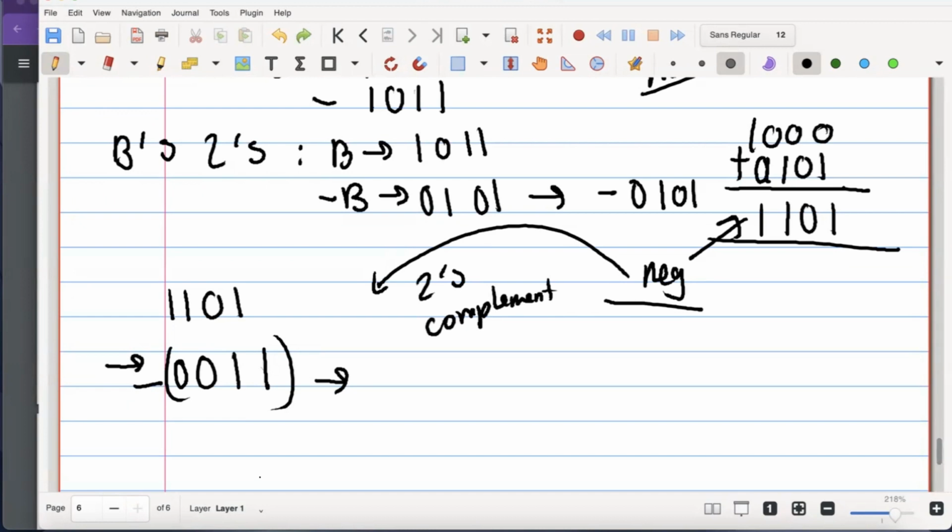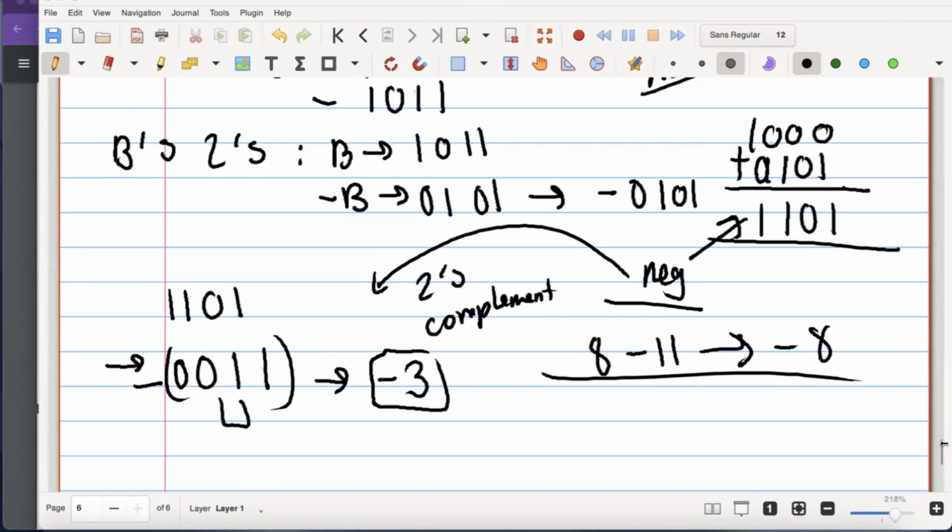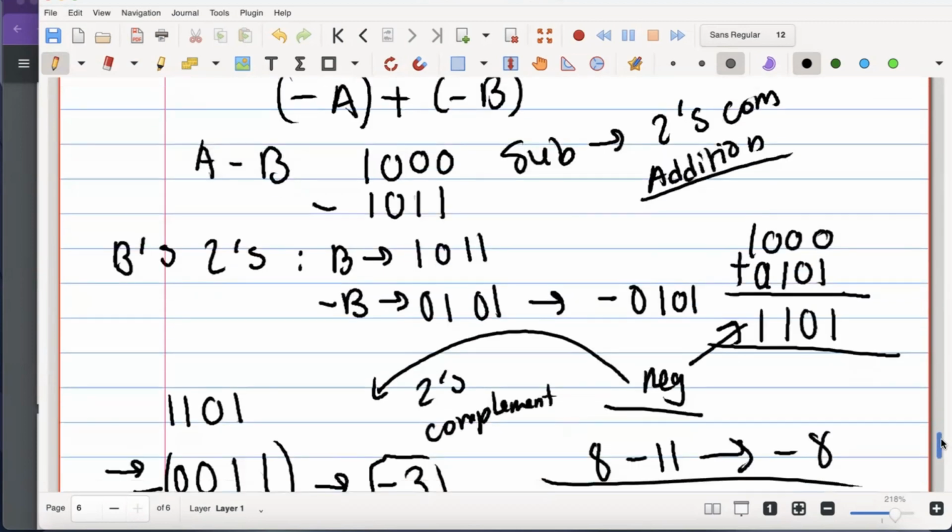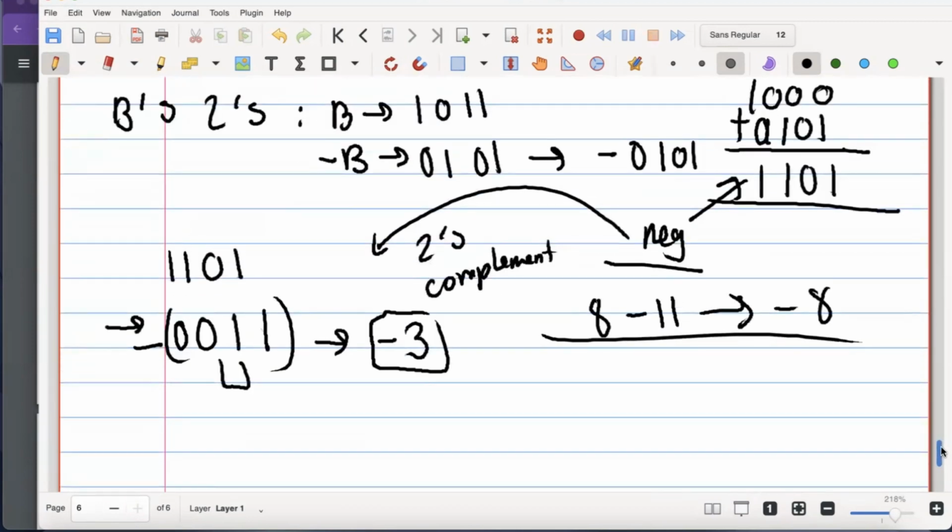What is this in decimal? Well, this is 3. So we got negative 3. And if you check your answer before, 8 minus 11, that's negative 3. So we did the right subtraction and order. See, that's negative 3.